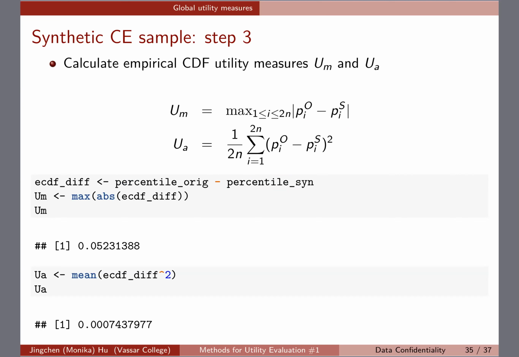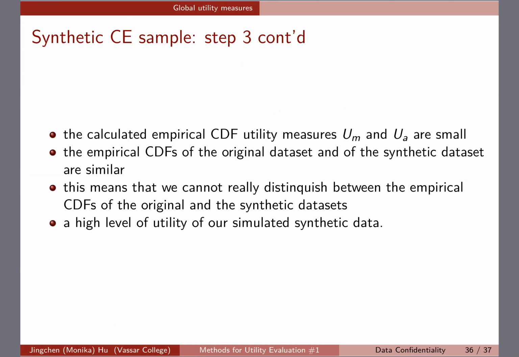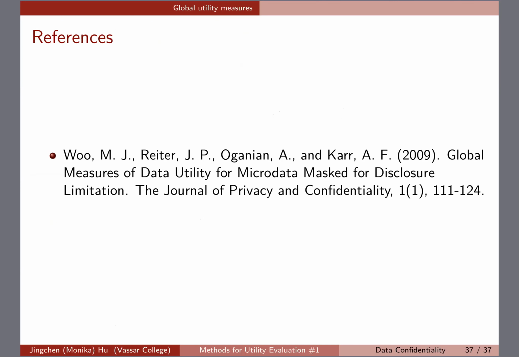But at least using this, we are able to produce those measures following their procedure. And let's see, also small, high level utility, and then that's the reference. We're mostly using that paper.